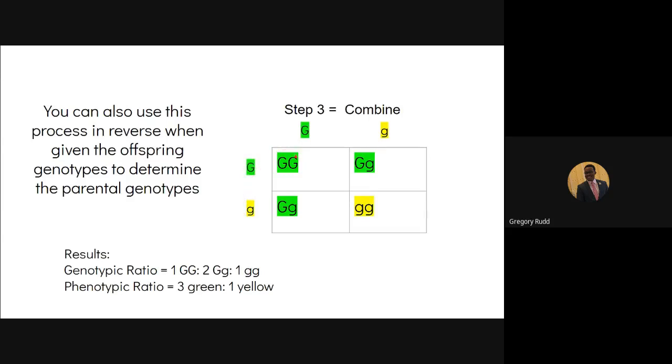And the only way we can end up with a homozygous dominant genotype here is if these are both the dominant alleles. So what do we now know about the parents' genotypes? Both of them are heterozygous. And what does that mean about the parents' phenotypes?